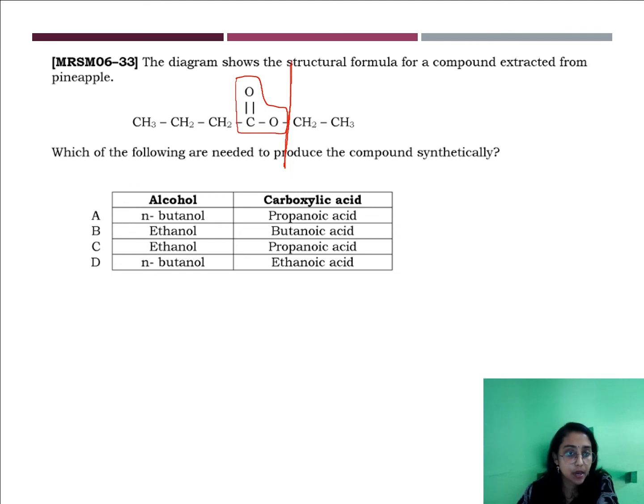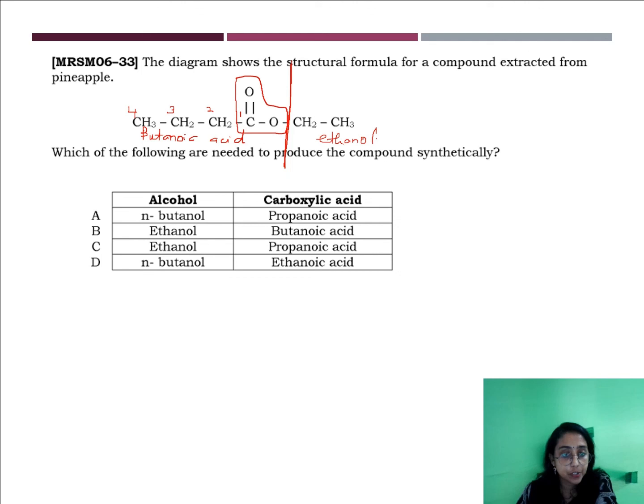So now let's count how many carbons there are: 1, 2, 3, 4. If it's 4, it's going to be butanoic acid. If you're not sure, you better write it down first, so that you won't make a mistake when you're filling it out. And here the alcohol has 2 carbons, that's going to be ethanol.